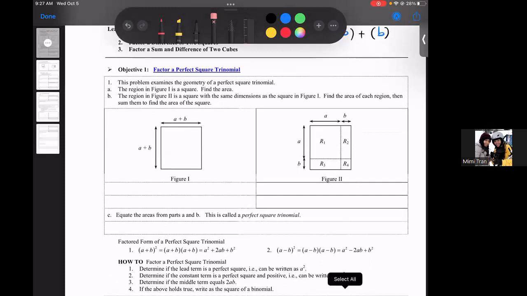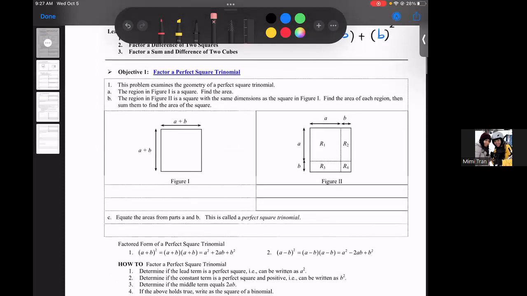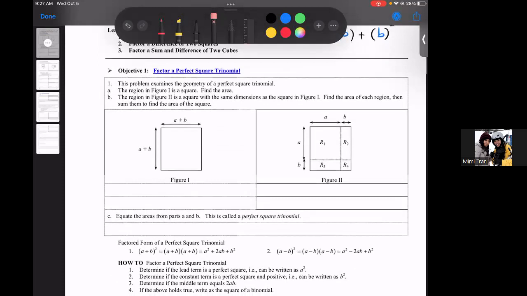Okay, so if you take a look at the first square, or the first rectangle, well, it's a square, right? The length is a plus b and a plus b, so it's a square. What's the area of a square? Can someone remind me? The area is what?